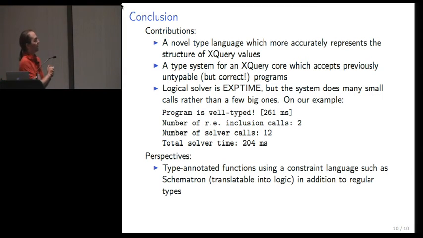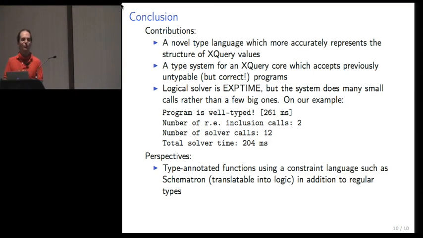So, some perspectives from here. I have not talked about functions, but what we can see in these examples is that we build intermediate types with formulas. Here, for S, we build a type containing formulas, but the types that are given at the beginning are still DTDs, so they are still regular tree types.